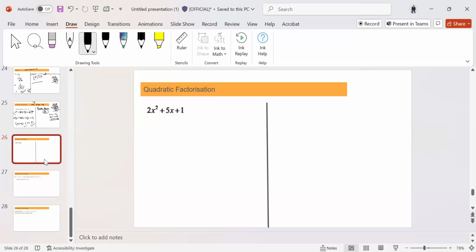But I do assume that you guys know how to factorize. So another example again, and you guys can do more of your own practice on this. It's a very important skill. Here you'll see that the leading coefficient is not 1 as in the other one, so you need to multiply the 2 here first. 2 times 1 is going to be 2. Now we're going to look for factor pairs.